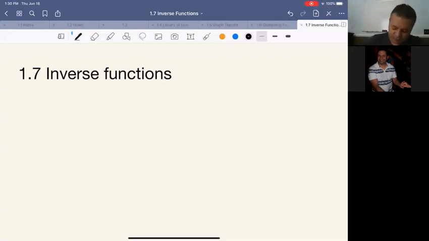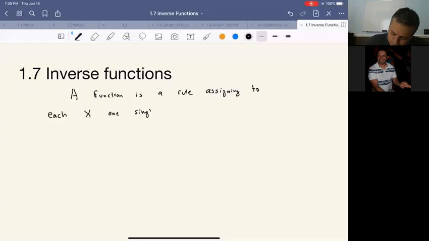A function is a rule assigning to each x one single y. So that took the form of what we normally or colloquially call the vertical line test.